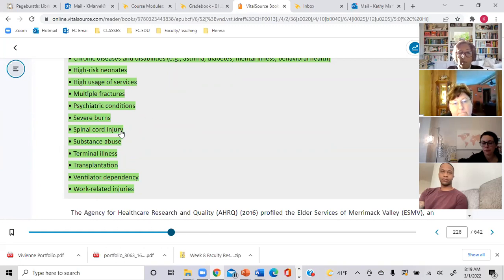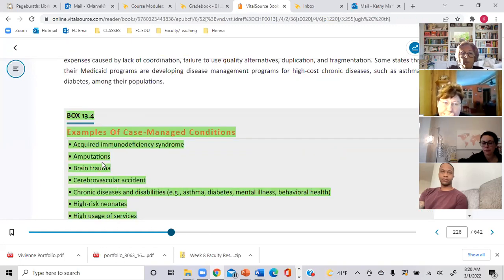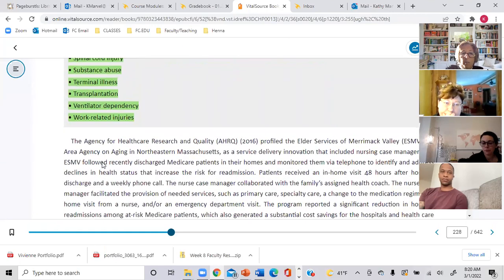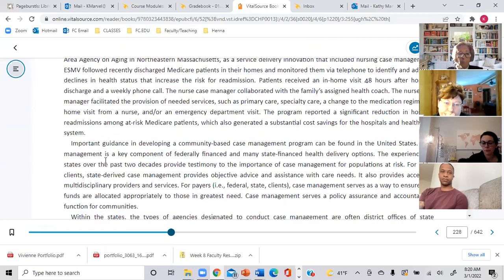Same as spinal cord injuries. Think of all the coordination of care, maybe going from a hospital to a rehabilitation, physical therapy. Just think of all the different services that all these chronic illnesses may need.